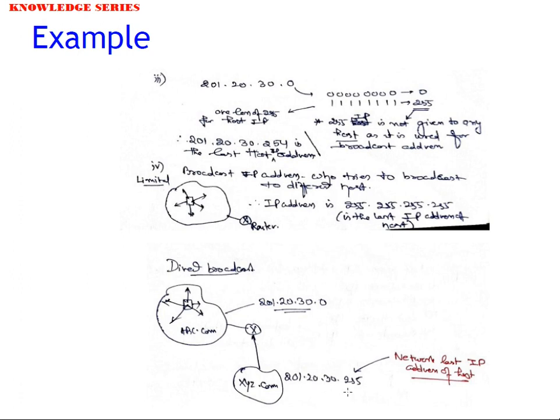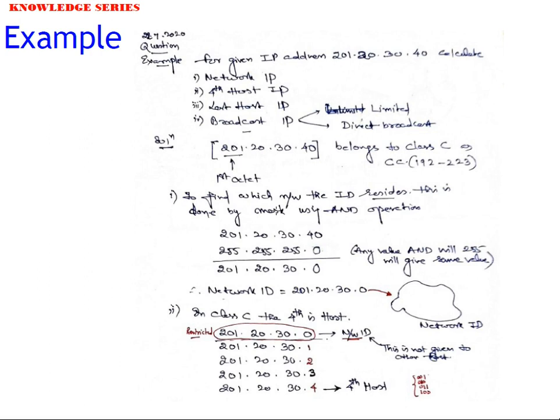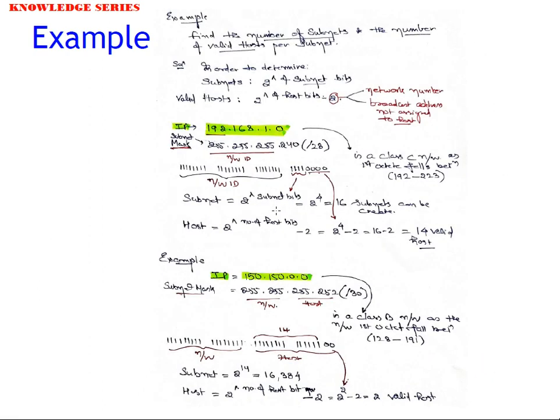So that will be considered from the outside network to the inside, whereas inside we can go straight with this side. So this is what we see for a given IP, where we have to find the network IP, the first or second host IP, the last host, and the broadcast.